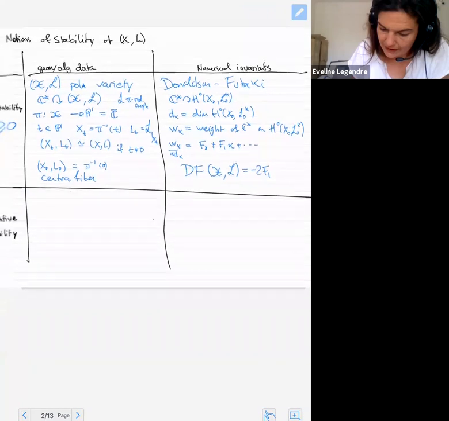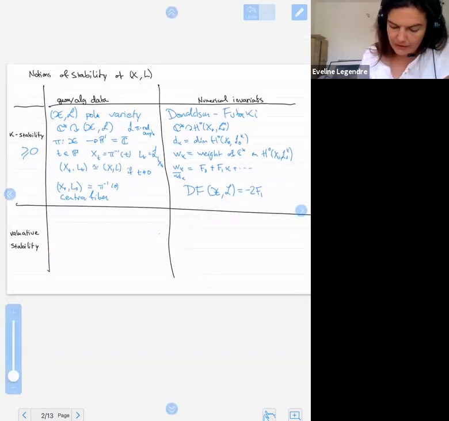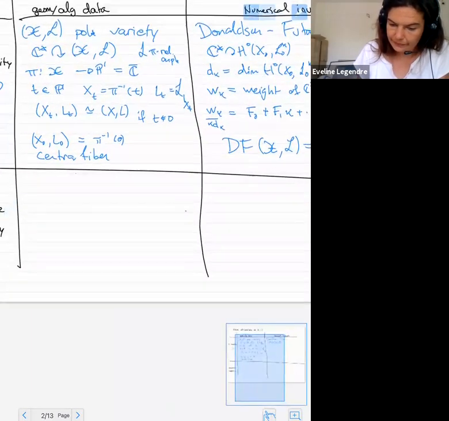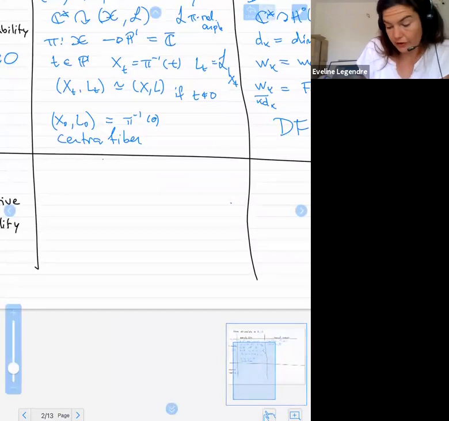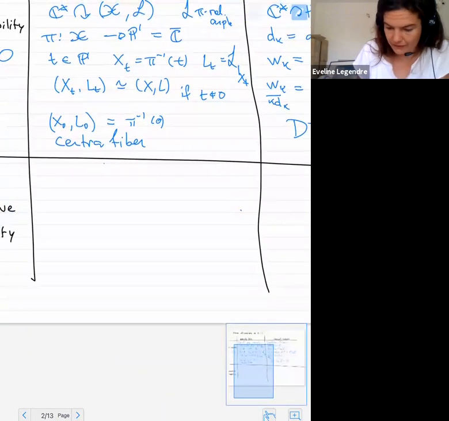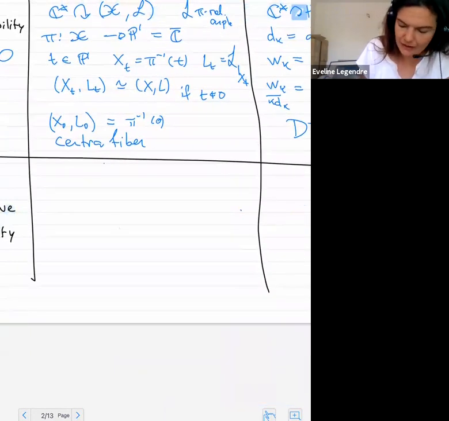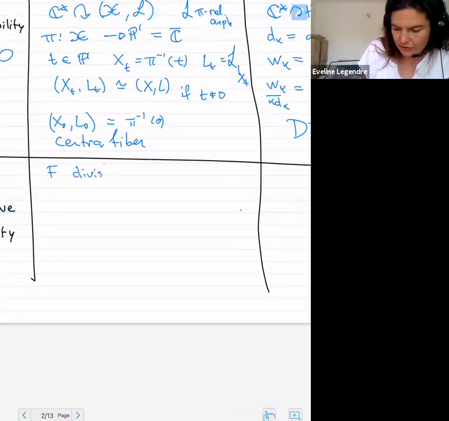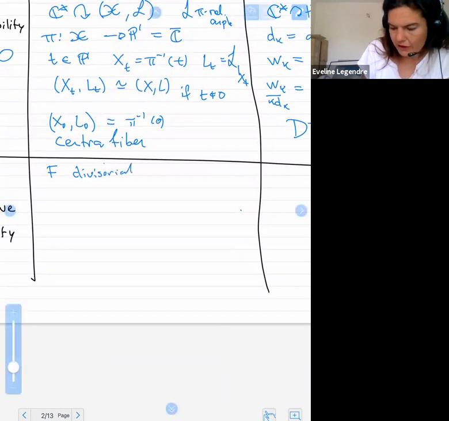So we have this for K-stability, and for evaluative stability, it will depend on a valuation. We will have F, a divisorial valuation.